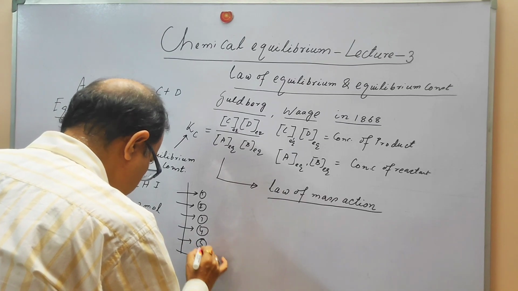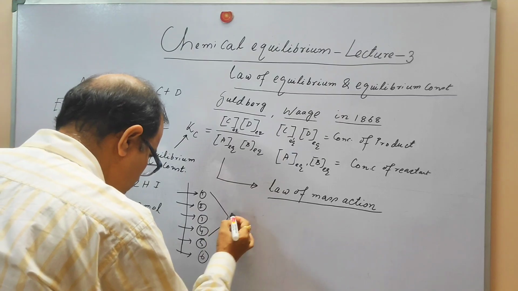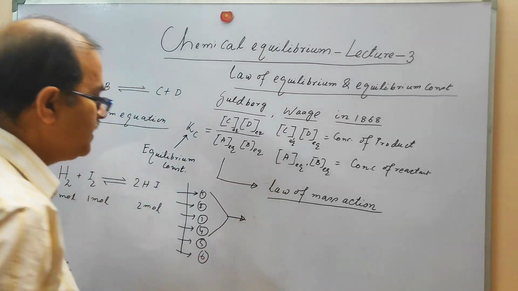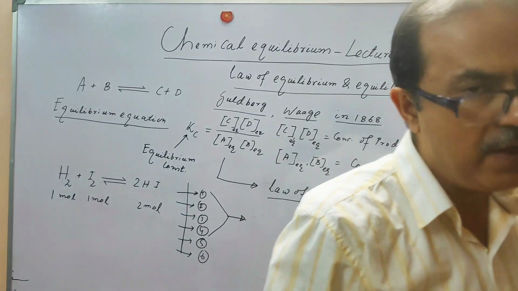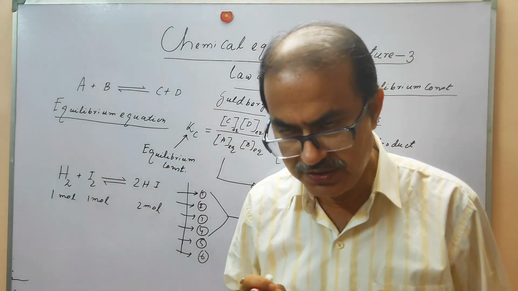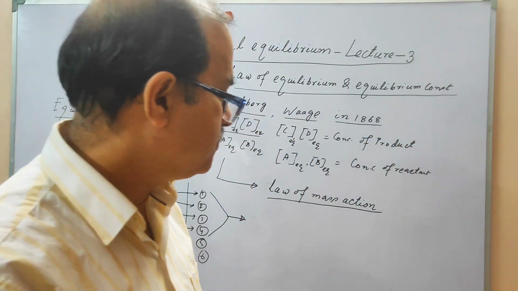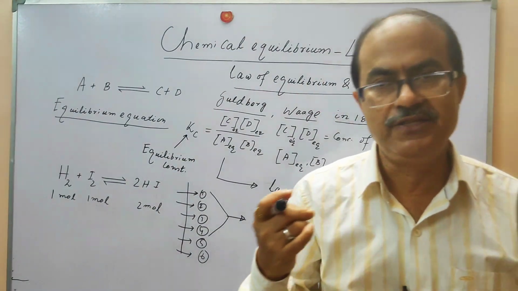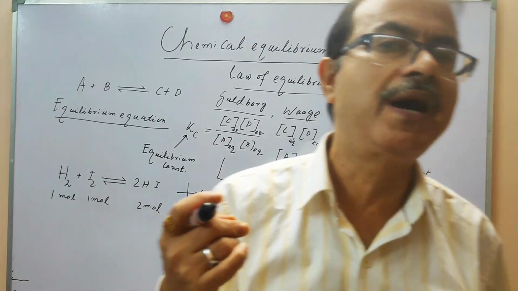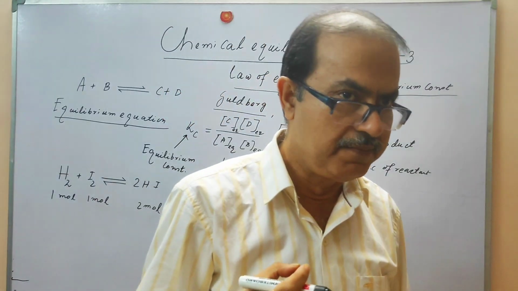In observations 1 to 4, the initial materials were hydrogen and iodine with different concentrations, and the reaction was left to go to the equilibrium point.